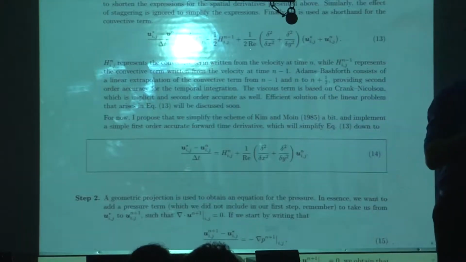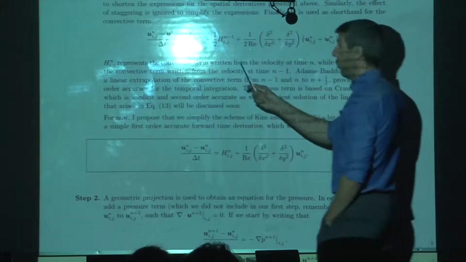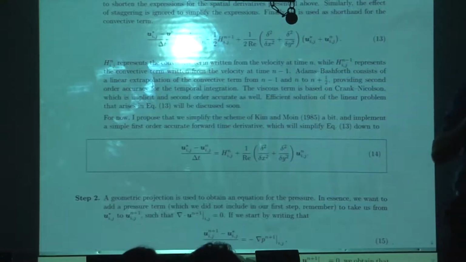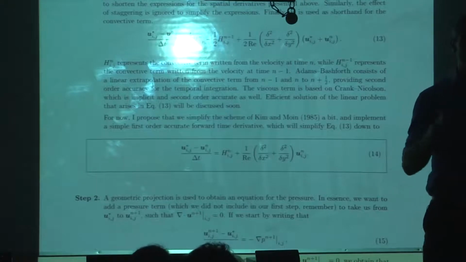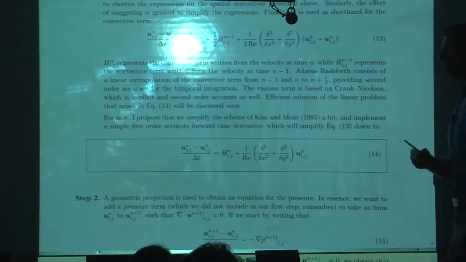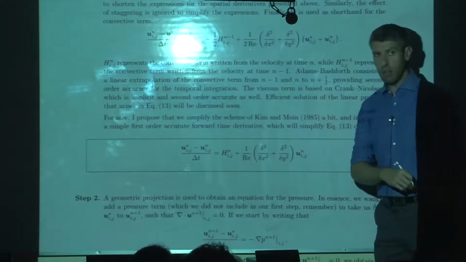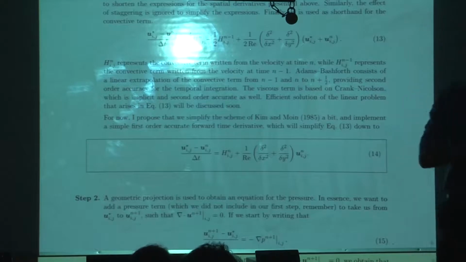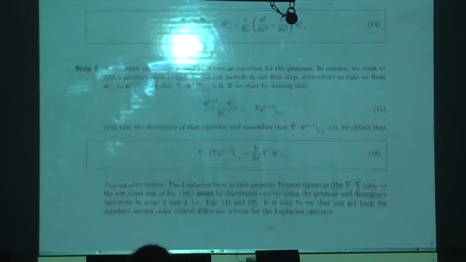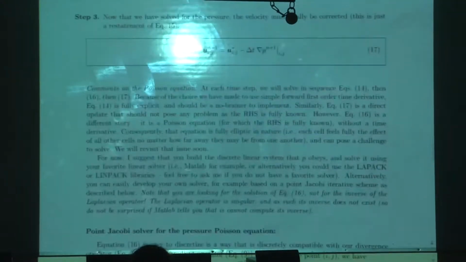The code that I'm giving you is using Adams-Bashforth for both convection and viscous. So if you wanted to do something that involves a thin boundary layer, well, tough luck. The time step size restriction near the wall will kill you. At some point, if we wanted to make this better, we would need to put in a Crank-Nicolson solver. The Crank-Nicolson solver requires an extra linear solver and some sub-iterations, and so it makes everything more complicated. Pressure projection I talked about already, so I'll let you read all this.